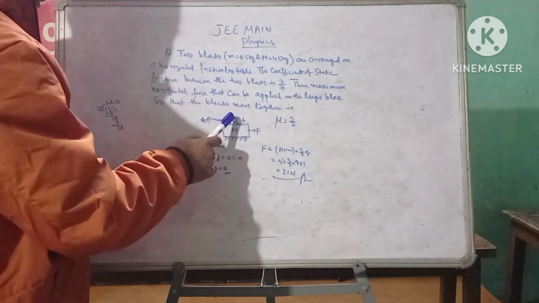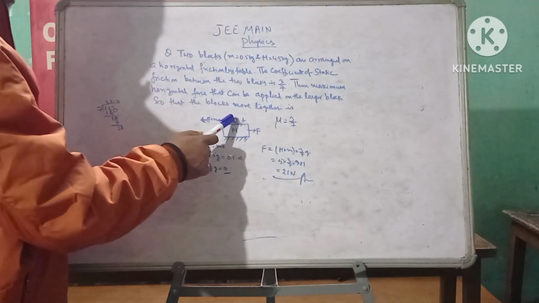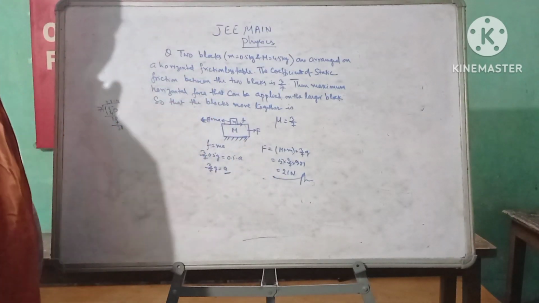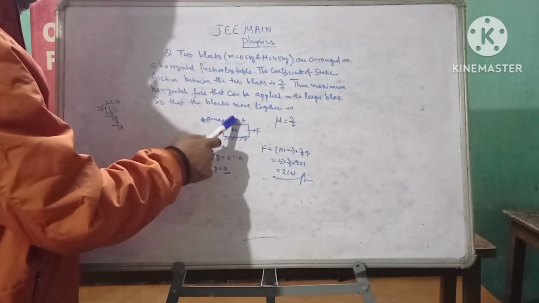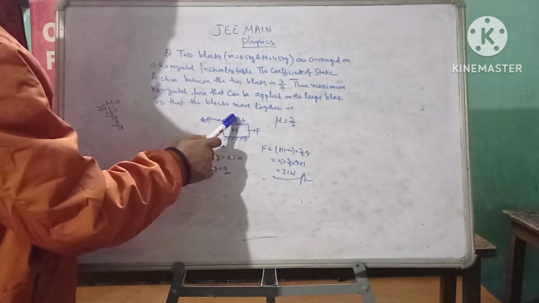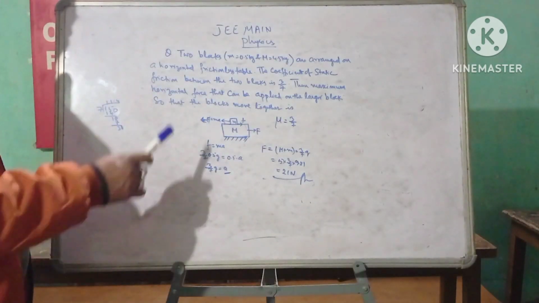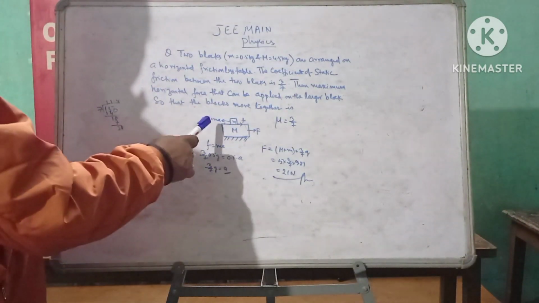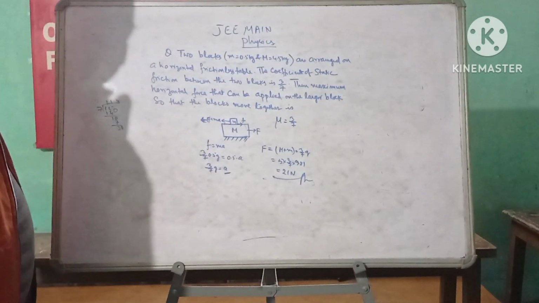But these two are considered as one piece, so this block must remain stationary relative to the other and move together with it. So this force must be balanced by an equal and opposite force, and this force is F equal to ma, which is called the pseudo force.